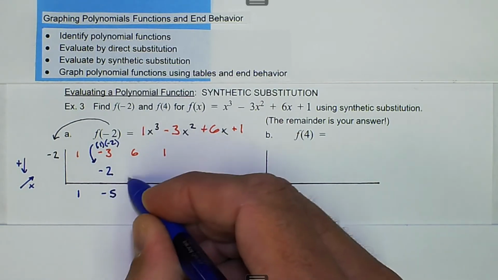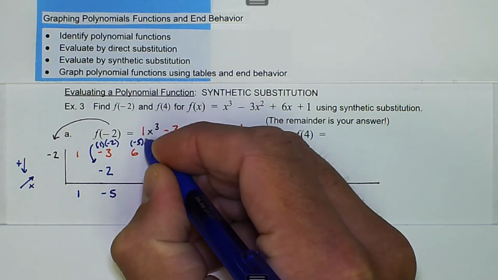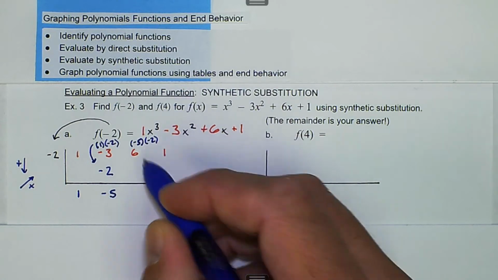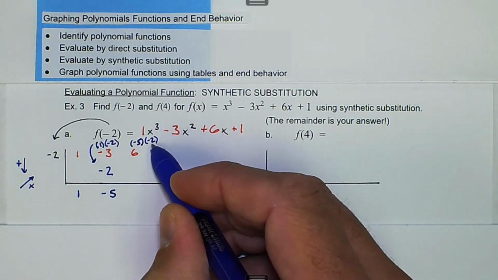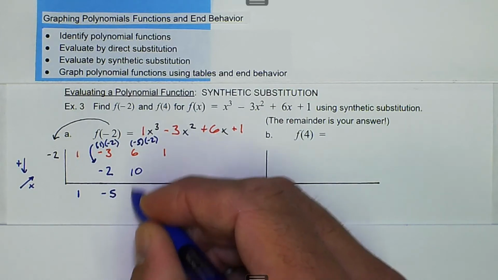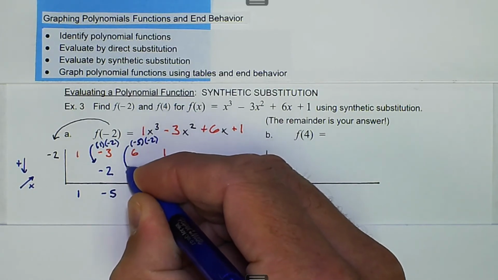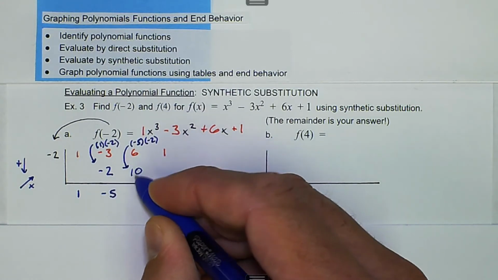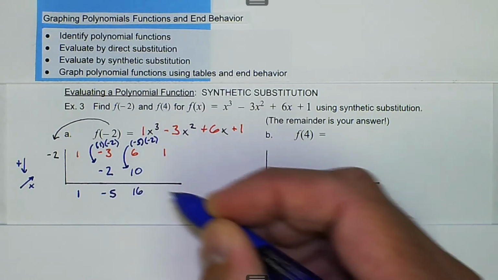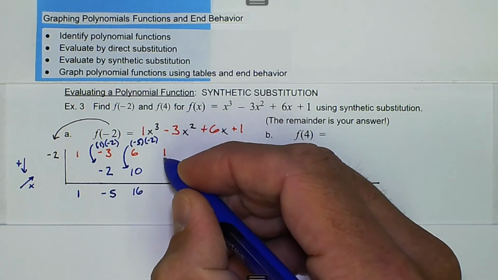Remember, we multiply on the diagonal. So we have -5 times -2, which gives us positive 10. We add down: 6 plus 10 gives us 16. And remember, multiply on the diagonal.